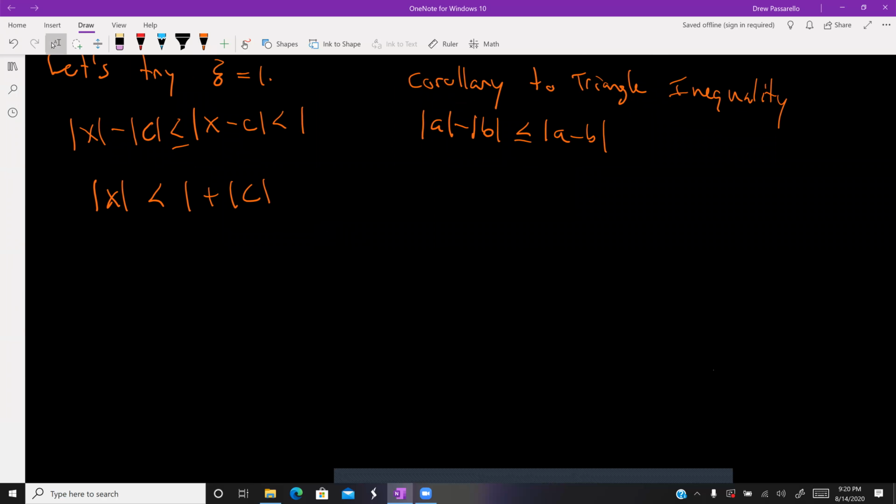So let's see. Since that's the case, we could have the absolute value of x plus c less than the absolute value of 1 plus the absolute value of c plus c.